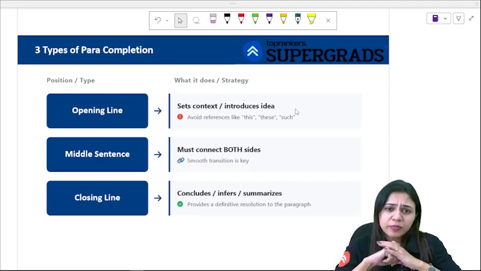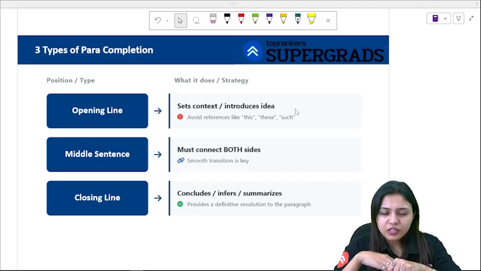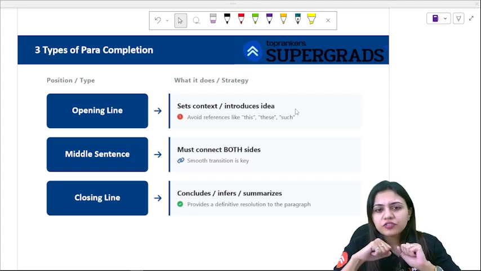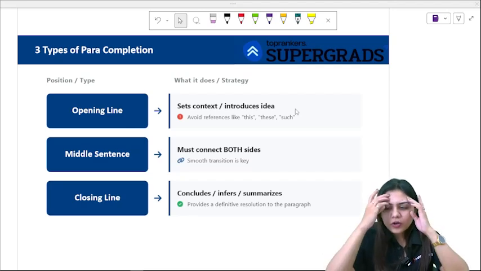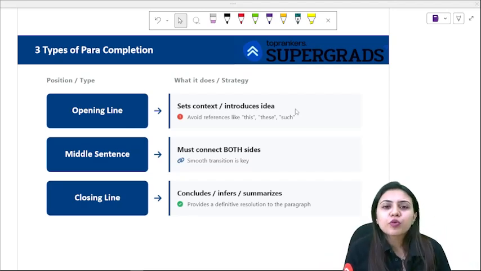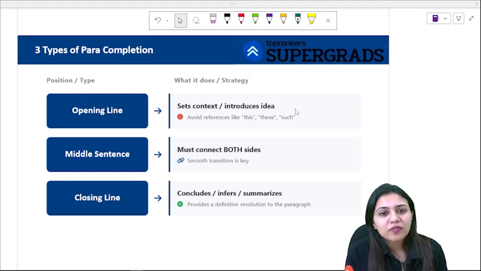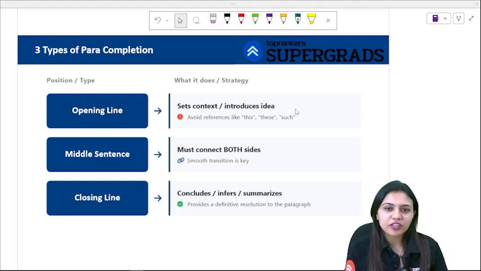If I talk about middle sentences, in order for the middle sentence to make sense, you need to first of all understand what's going before and what's going after the sentence. Now it should connect both the parts in a way that seems very natural. So smooth transition is the key here that we need to keep in mind.